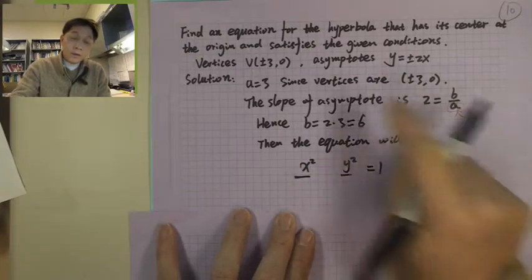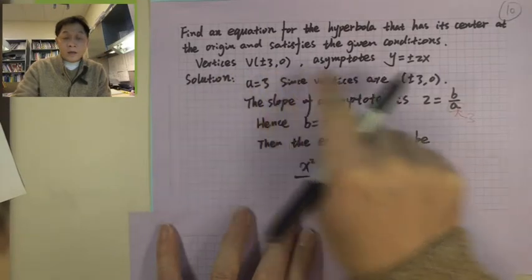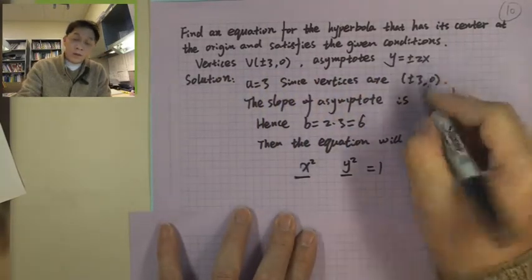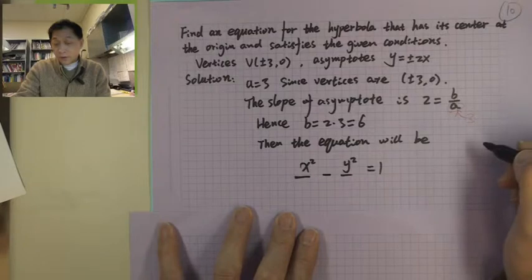The vertices are on the x-axis, so in front of y squared is negative.